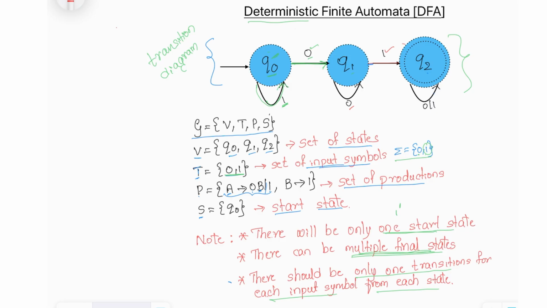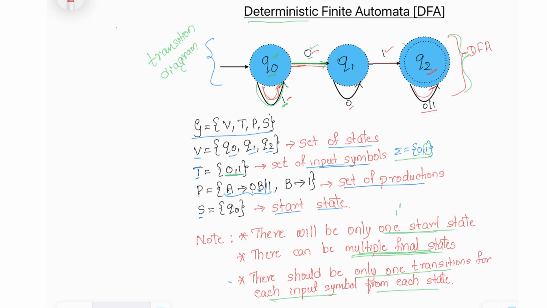From Q1, this is one transition and the self loop is also one transition, where this transition is for 0 and this self loop is for 1. So only one individual transition is there for each input symbol. Again for Q2 there is only one self loop for both 0 and 1 input symbols. Because of this, this machine is called a deterministic finite automata.